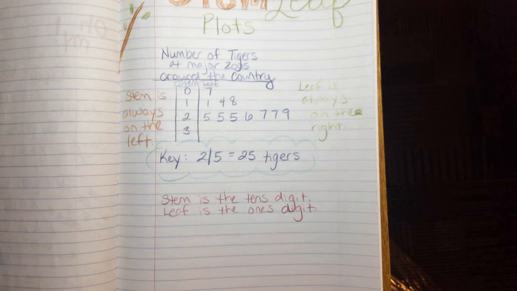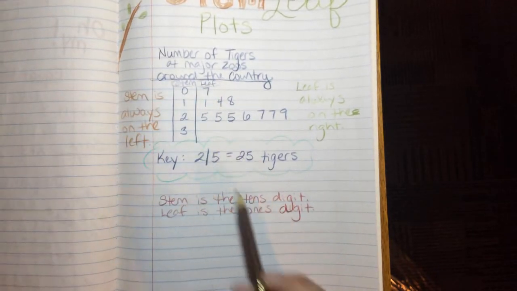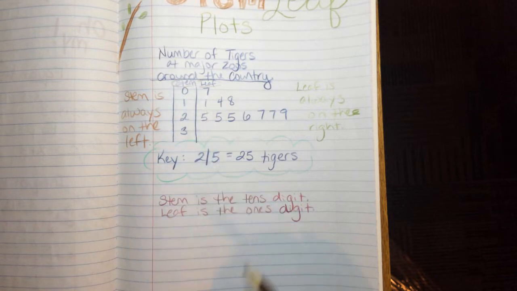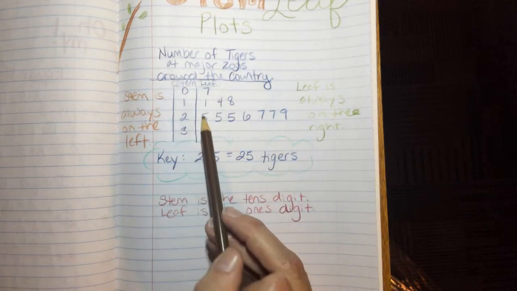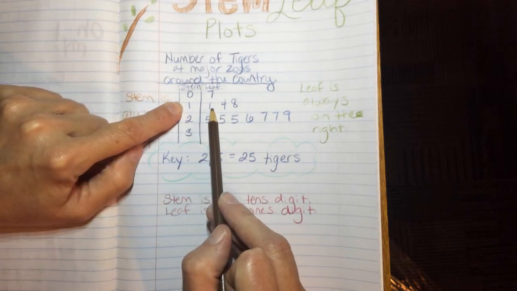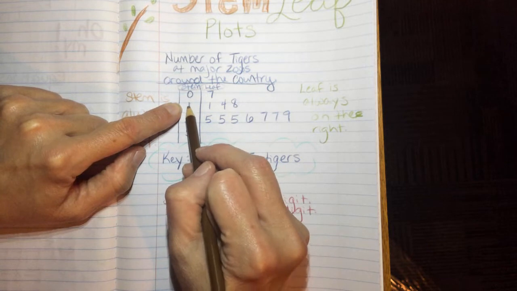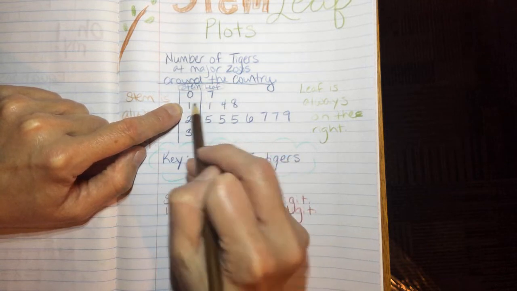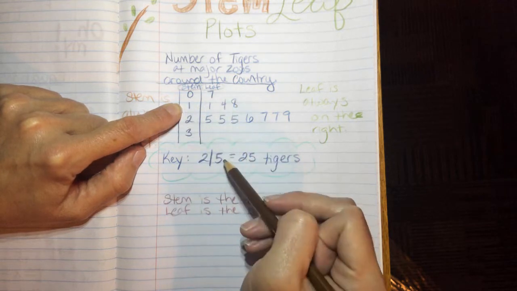So what this is really saying, right here, 0, 7: stem is tens digit, 0 tens, 7 ones. That's just the number 7. This right here, 1, 1, that's 11. And then what about this 4 over here? Well, that's saying 1, 4, 14. 1, 8 is 18.